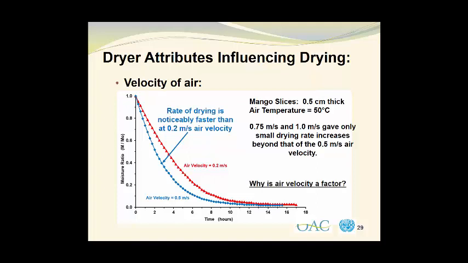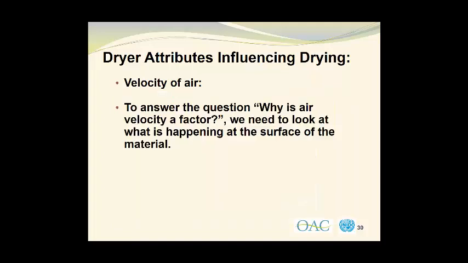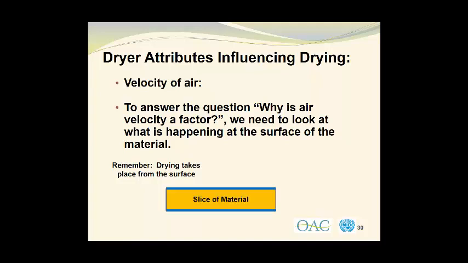So why is air velocity a factor? To answer the question, we need to look at what is happening at the surface of the material. Remember, drying takes place from the surface. So let's represent this diagrammatically.